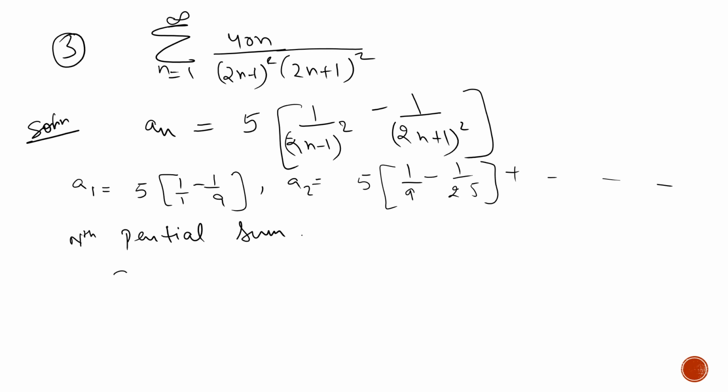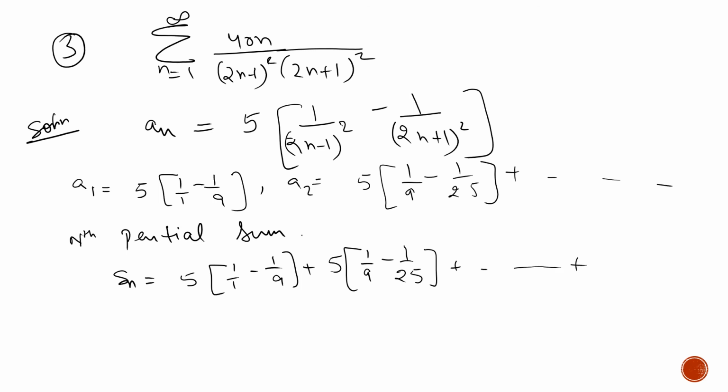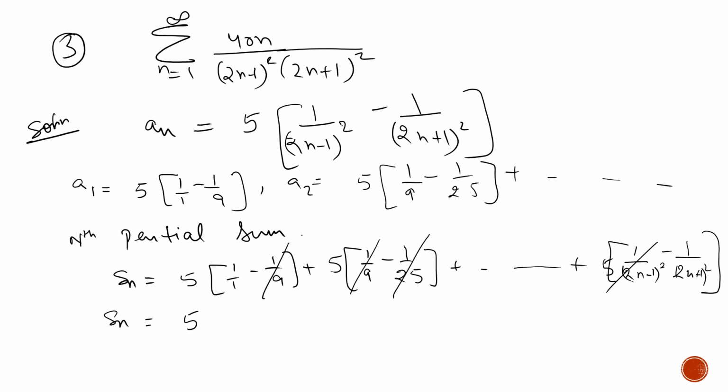If I find the nth partial sum, Sn, that is a1 plus a2 till an, again I'll see that all the terms will cancel out. So let us write this. You can see that the other terms are cancelling out, and again we will be left with the first and the last term.